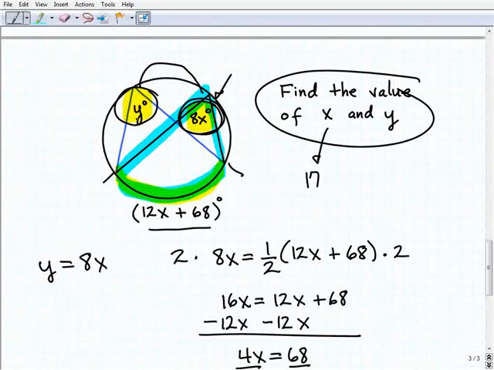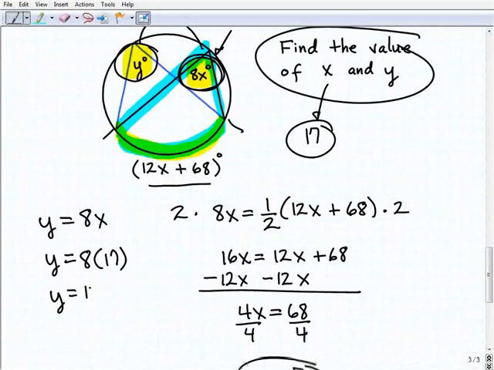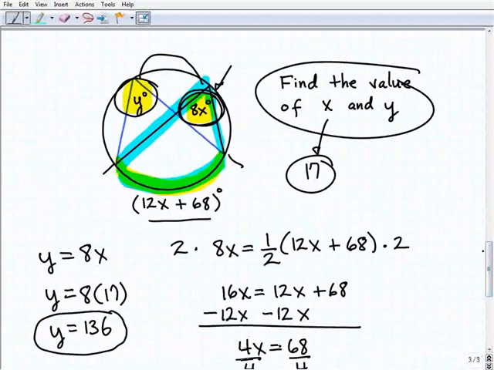Why? Because these represent two inscribed angles that intercept the same arc. So now I know that x is equal to 17. So if x is equal to 17, y is going to be equal to 8 times 17, or y is going to be equal to 136.